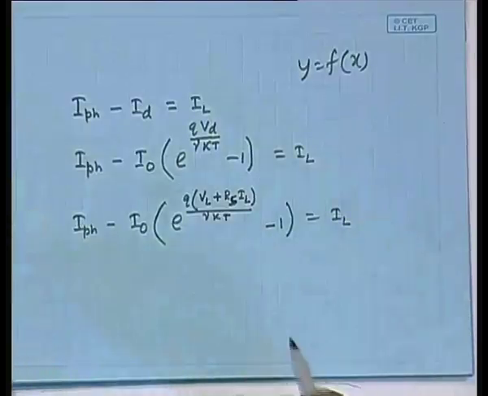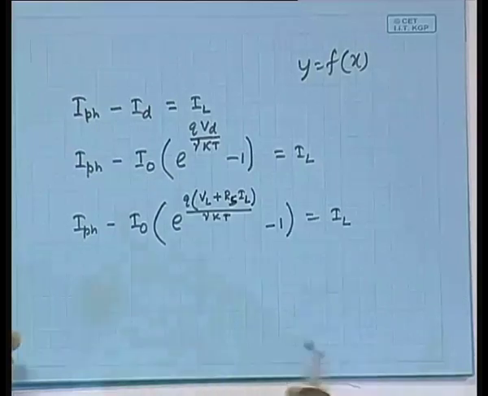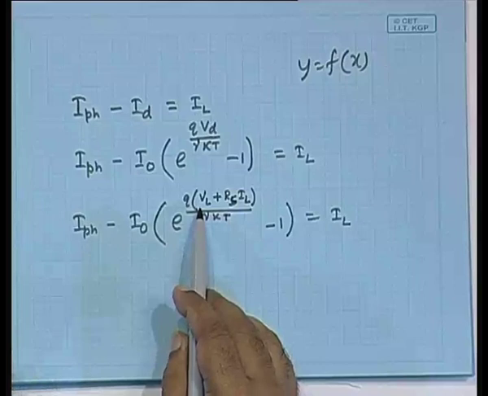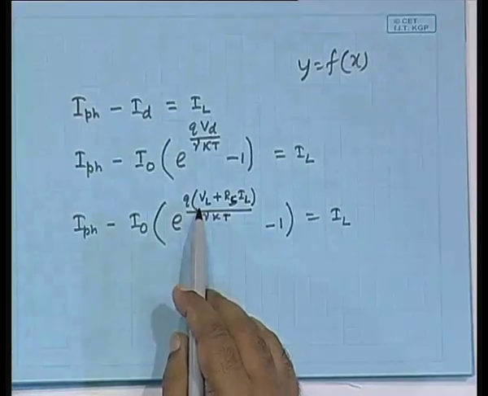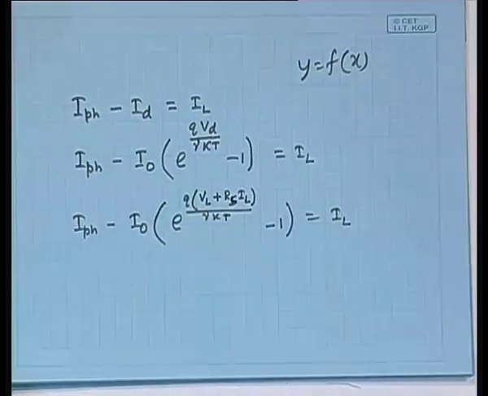Now, after you have done this, let us make it more interesting. Can we get V L out of it? Can we just manipulate this to get V L? I think that will be doable.